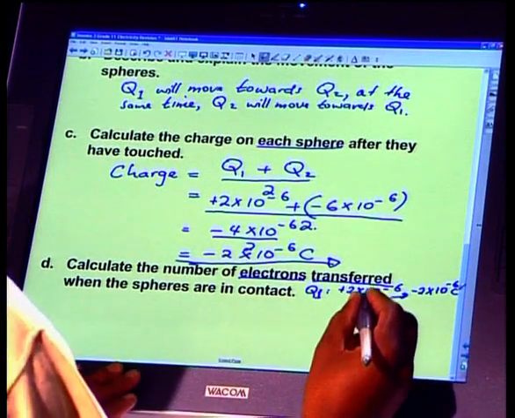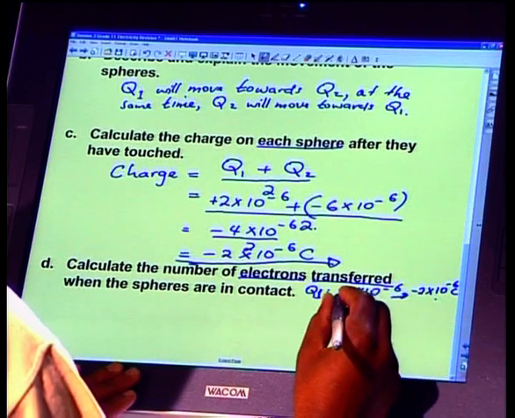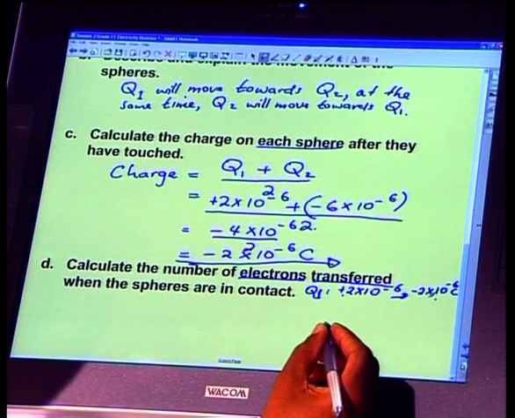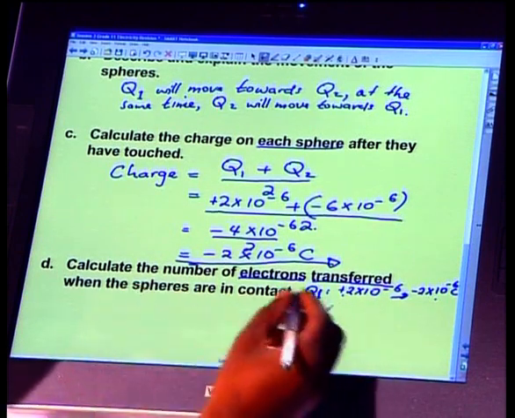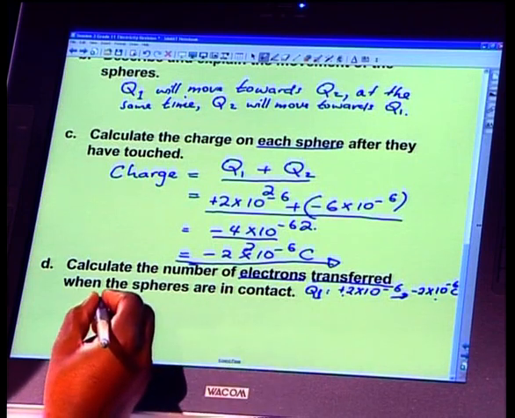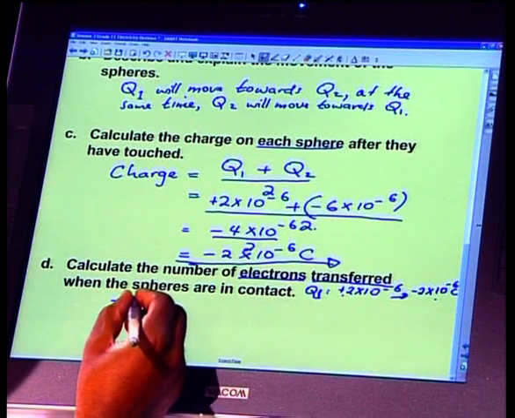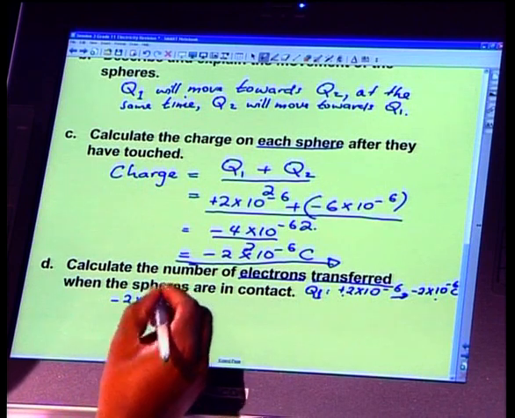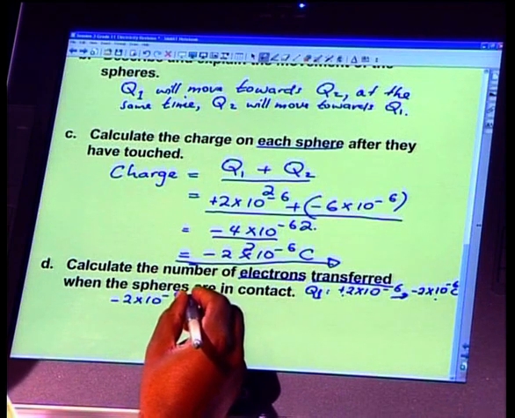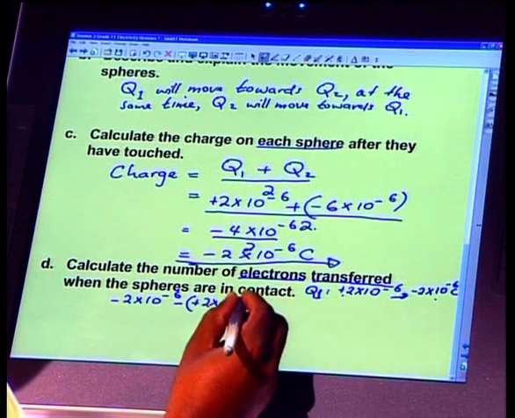Now, for us to know the number of electrons that moved this charge from there to there, we need to find the difference between these two charges and divide by the charge on an electron. So let's find the difference between the two. The resulting charge is minus 2 by 10 to the power minus 6 minus the initial charge on Q1, which was plus 2 by 10 to the power minus 6.